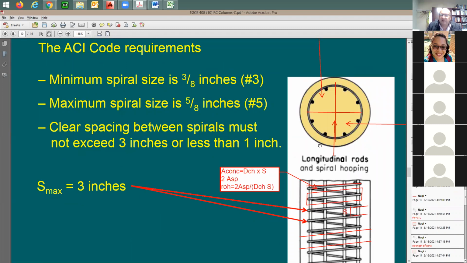So I'm trying here to satisfy the code requirements, right? The code requirement says the clear spacing between the spirals cannot be less than 1 inch and cannot be more than 3 inches. Is that spacing the same no matter what size rebar is being used? Yes, this is correct, regardless of the rebar size.